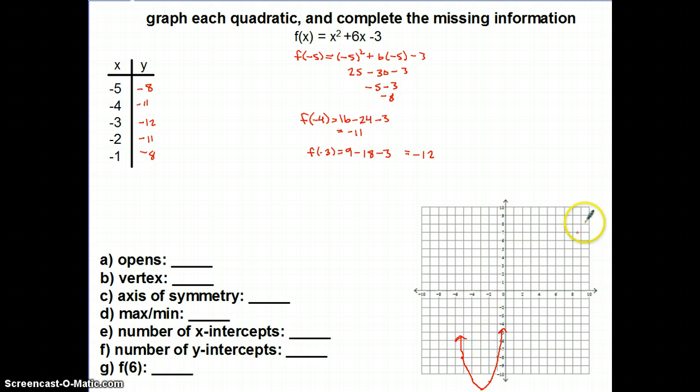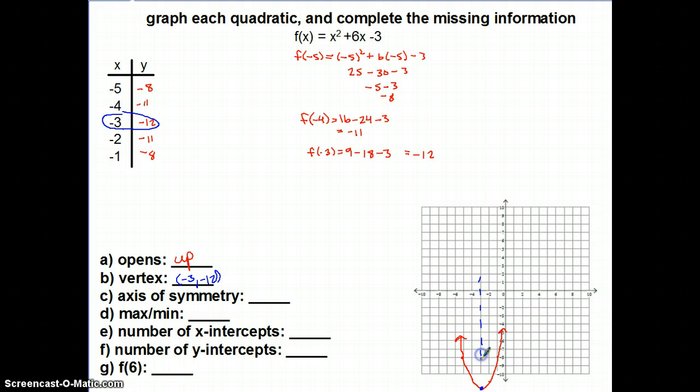And to fill in your information, the graph opens upwards. The vertex will be the lowest point on the graph, and that point is right here, which from our chart is this middle point, -3, -12. The axis of symmetry is the vertical line that goes through that vertex.